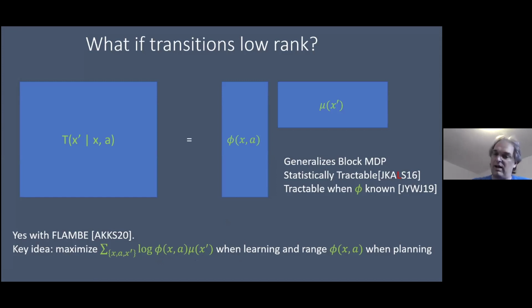And then when you're trying to explore, you're essentially trying to maximize the range of different phi of x, a's that you can reach as far as the planning purpose goes. Okay, so this is one generalization, which is interesting, and you can prove that this will work, but we can go on.